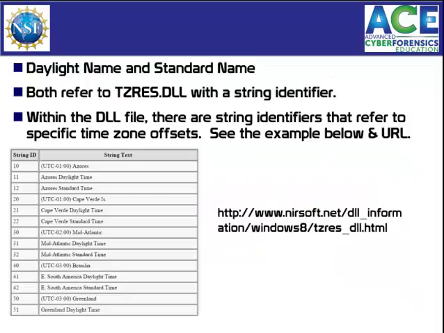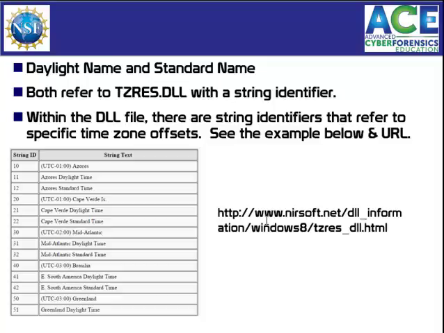So when we go to a website such as nearsoft.net and the URL that you see on the screen, you can see the DLL references for Windows 8. At the time of this writing, I couldn't find anything for Windows 10, but TZRES.DLL for Windows 8 is pretty accurate to Windows 10 as well, at least for the time zone string values within the United States.